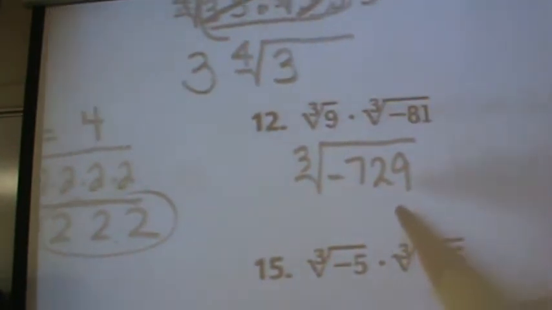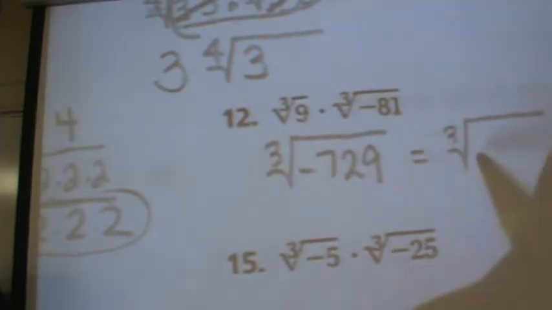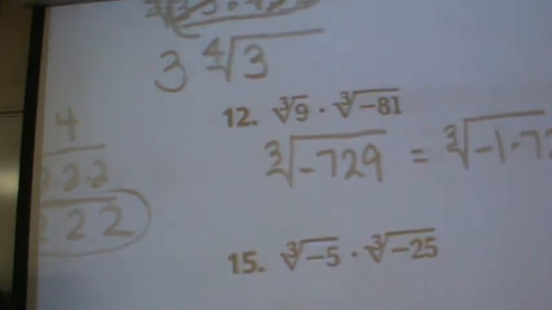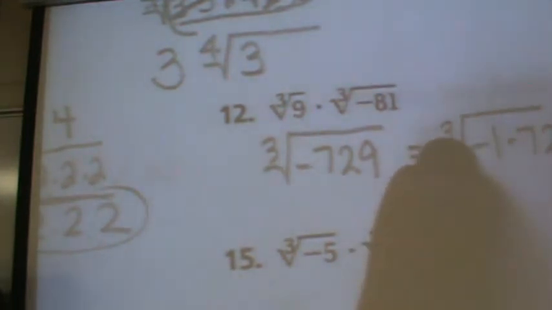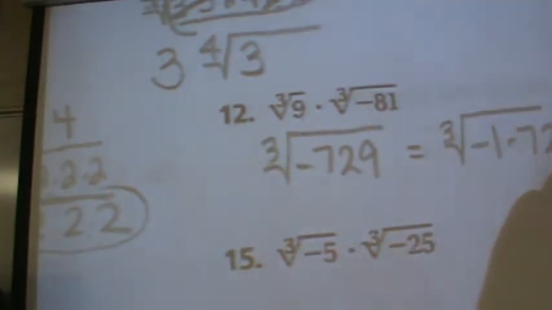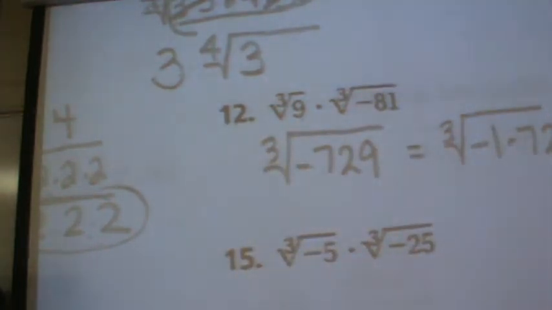Now I want you to think of this as -1 times 729. Let's deal with this 729. We're looking for 3 of a kind. Can you give me 3 numbers that multiply to give you 729? Anyone know? You can just take the third root of it.